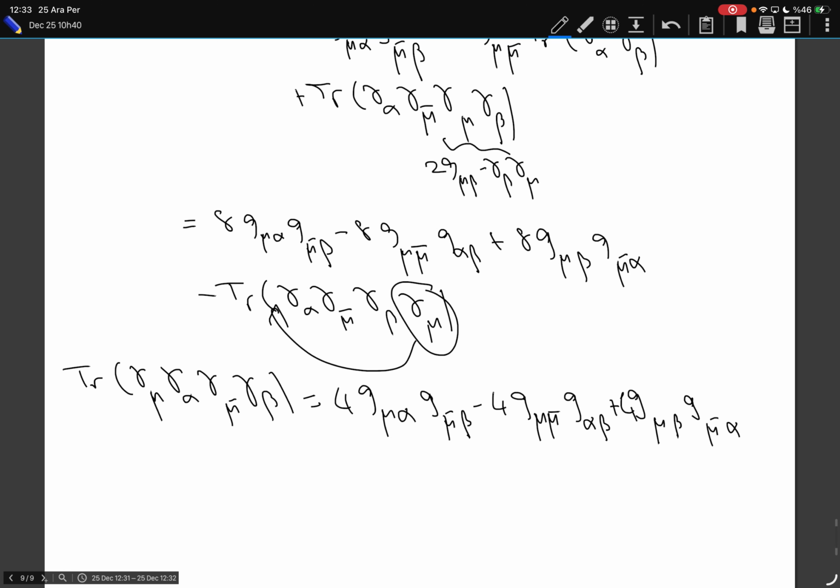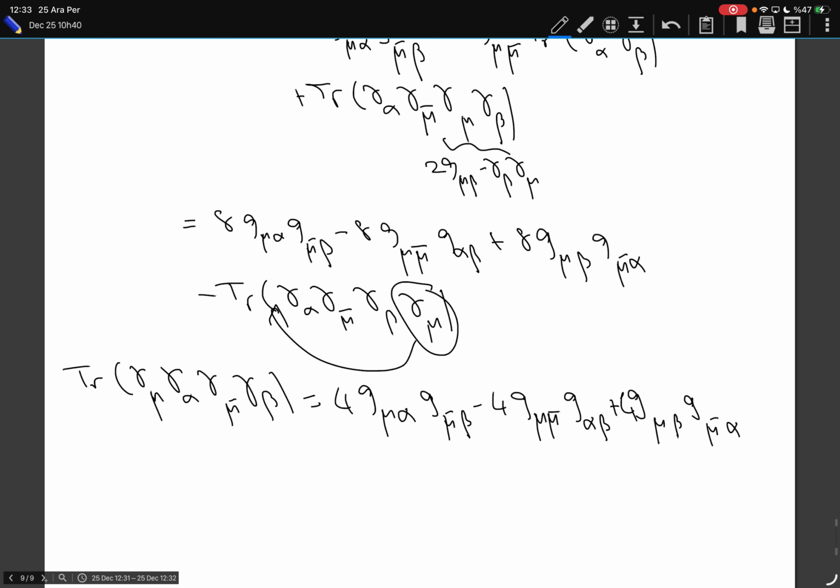So just move that to the left, divide by 2, and you will get the trace of 6 gamma matrices in terms of traces of 4 gamma matrices, which we already have calculated. There is no obligation to have a condition like alpha bar equal beta or something. No. For arbitrary mu alpha, mu bar beta, this is the trace.